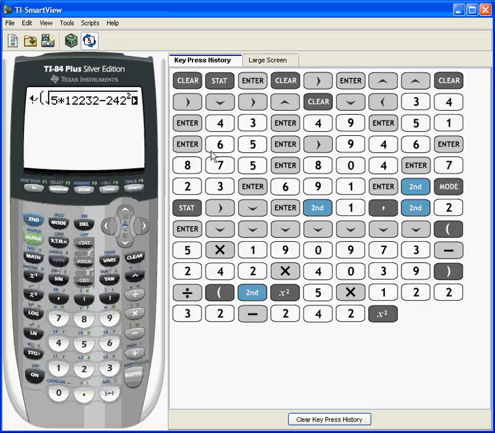If your screen looks like this, you want to arrow over to get from under the square root to say that you're done with that square root. But if you have a TI-83, you're going to close parenthesis there to say also that you're finished with that square root.